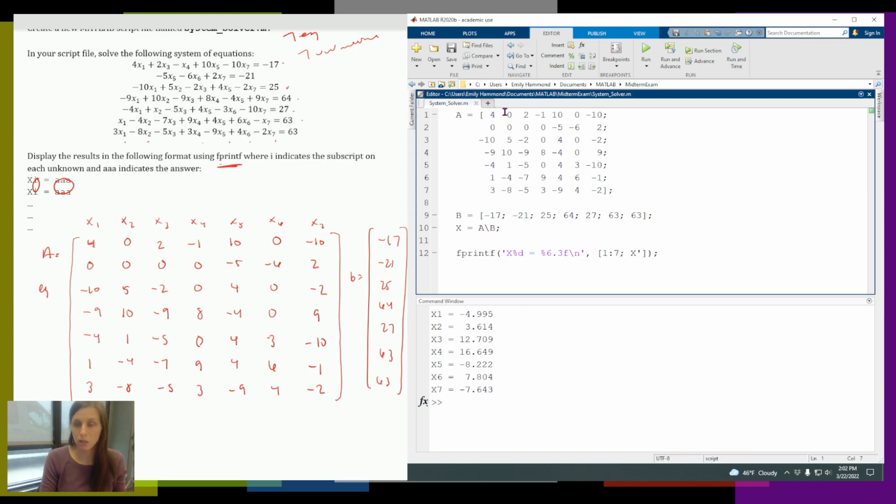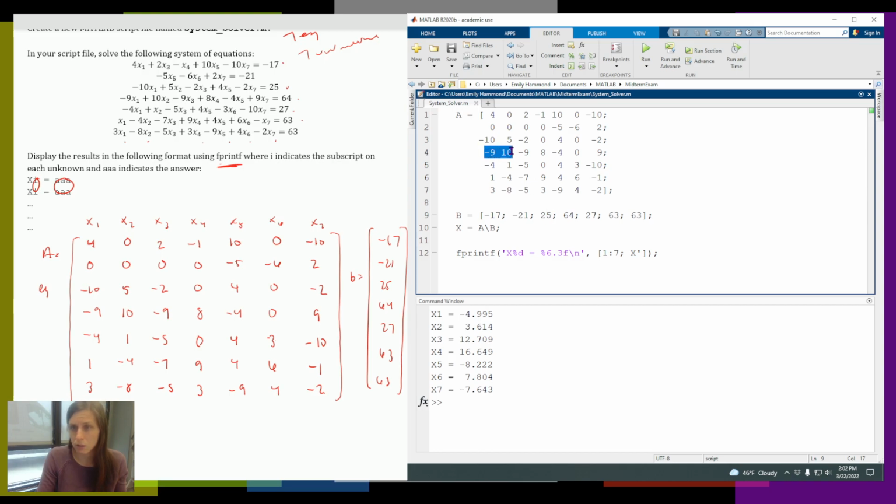So equation 1 is 4x1, 2x3, minus x4, plus 10x5, gives negative 17. 4 zeros, negative 5, negative 6, 2, and then negative 21. Negative 10, 5, negative 2, 0, 4, 0, negative 2, and then a 25.